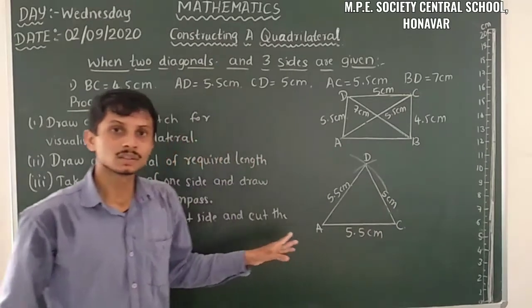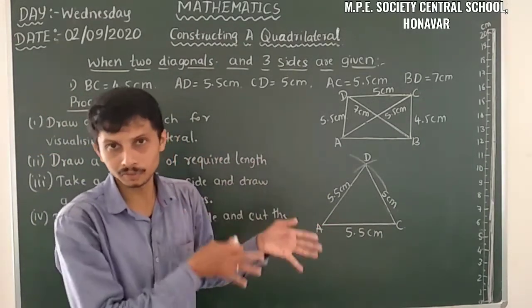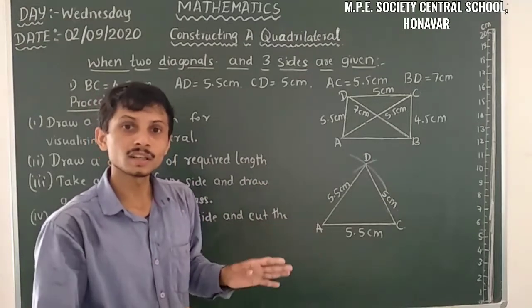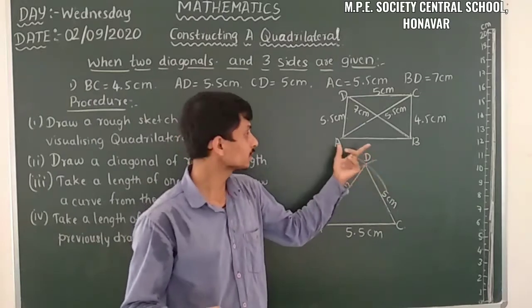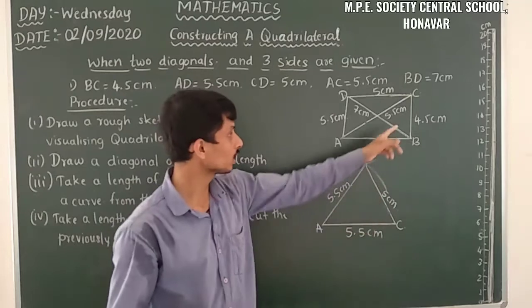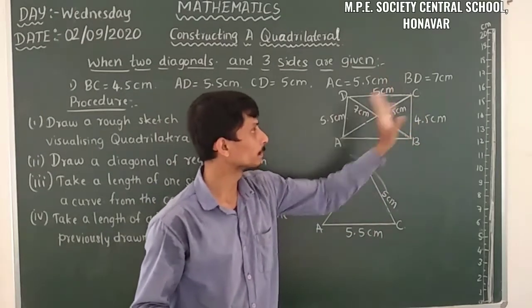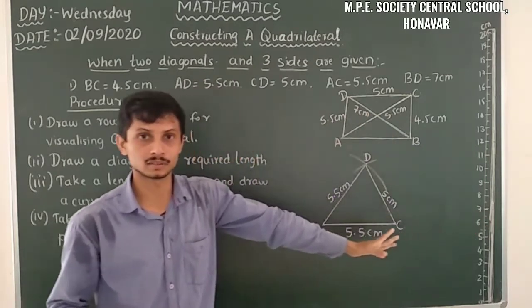So here one part of the construction is over. It's like the previous method only. Here there is no other side because AB is absent here. That means the length of AB we don't know. So here we know only BC, the other side, and the other diagonal.